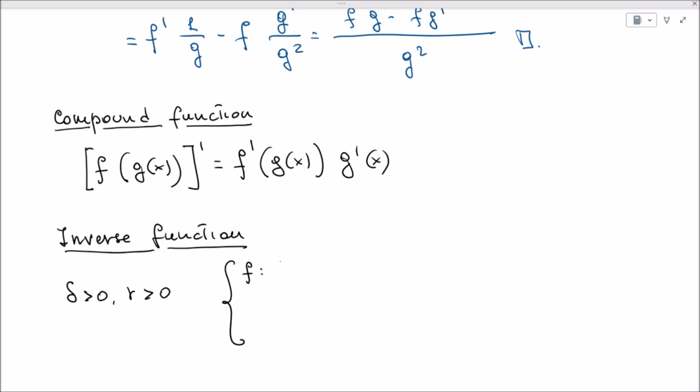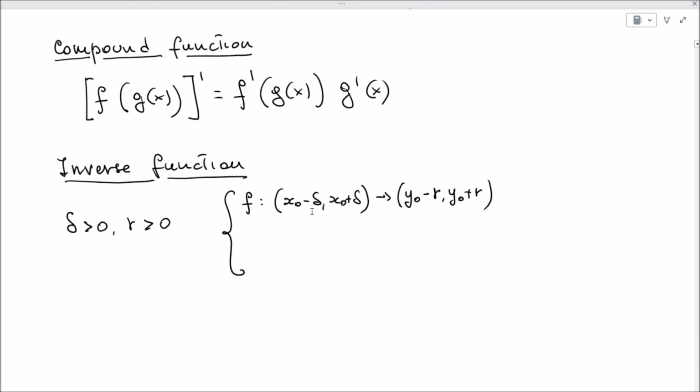So f goes from x naught minus delta to x naught plus delta. So this is where the function is defined, and the image will be y0 minus r, y0 plus r.